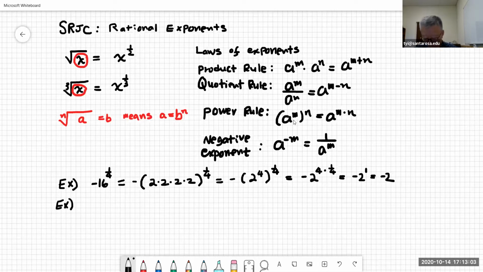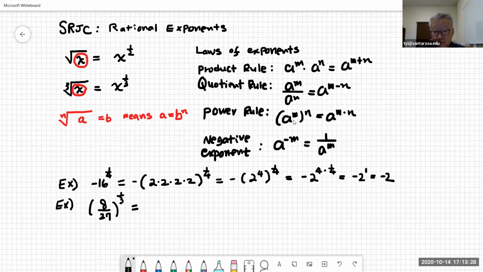Let's look at another one. This time I have 8 over 27 to the 1/3. Well, this is more like a cube root, right? Because it's a 1/3.